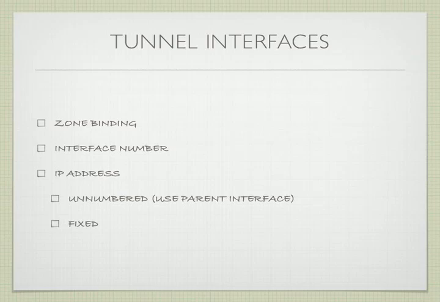Or you can make it unnumbered and attach it to your internal interface, your bgroup0 in trust, or whatever Ethernet interface is assigned to the trust zone. So when it's unnumbered, it's going to borrow the IP address and zone from whatever parent interface the tunnel interface is associated with.